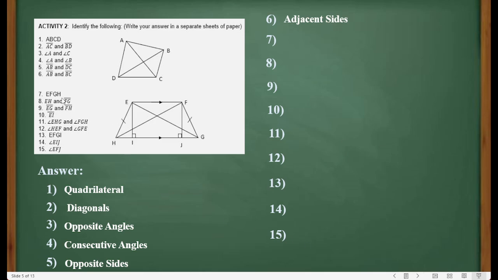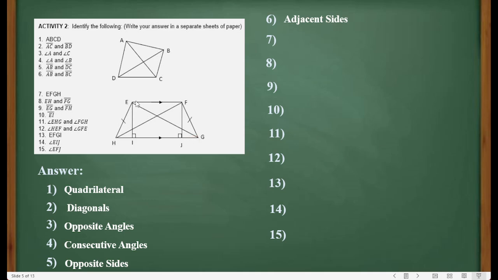How about number 7? Quadrilateral EFGH. Where is it? Okay, did I say EFGI? No, it's EFGH. Now look at the markings on the sides.